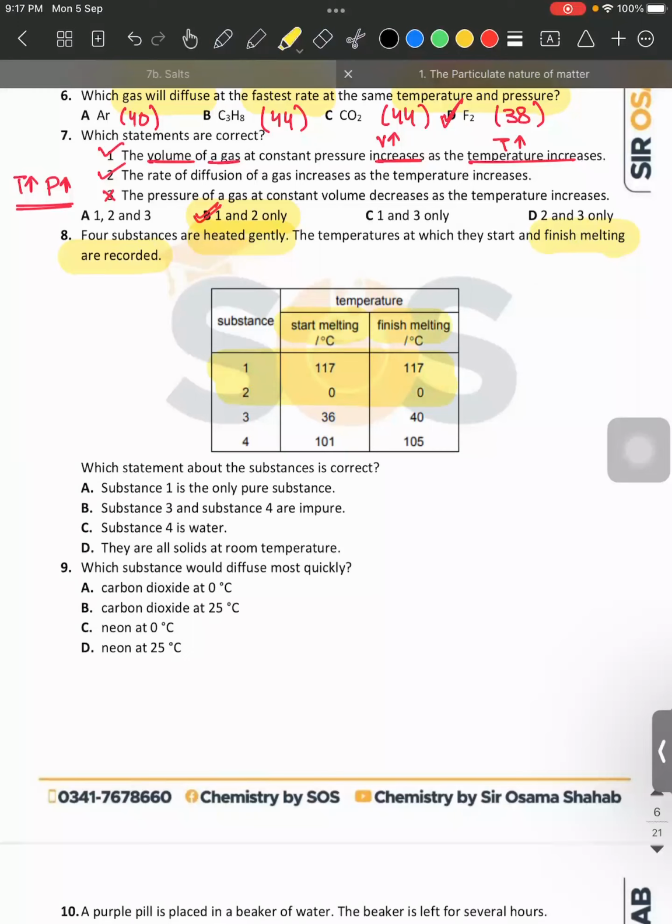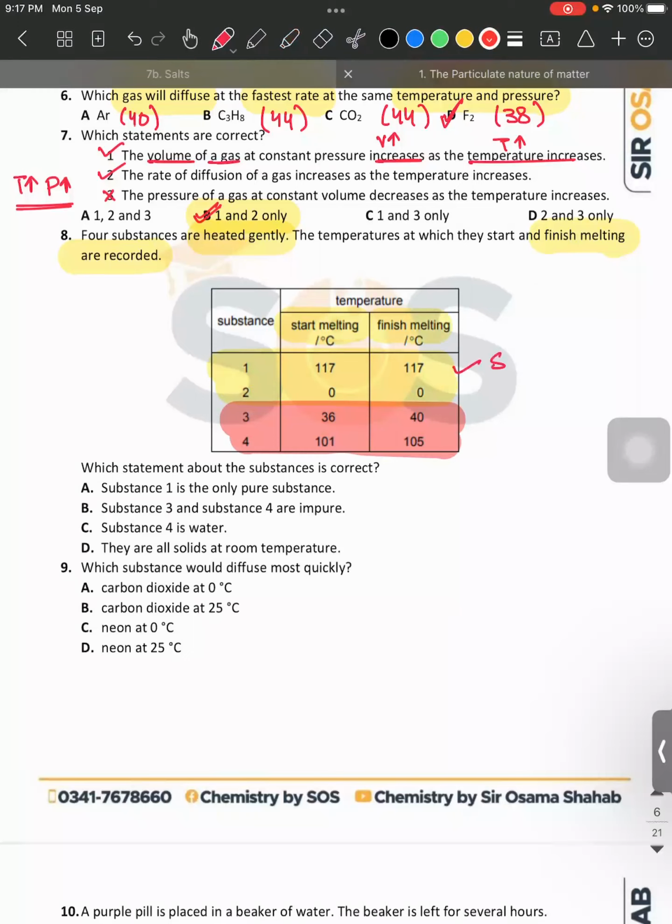And these two do not. If you look at these two, their starting temperature and finishing temperature are different, and they are not showing melting at sharp temperatures. Their melting point varies, right? So this is the problem.